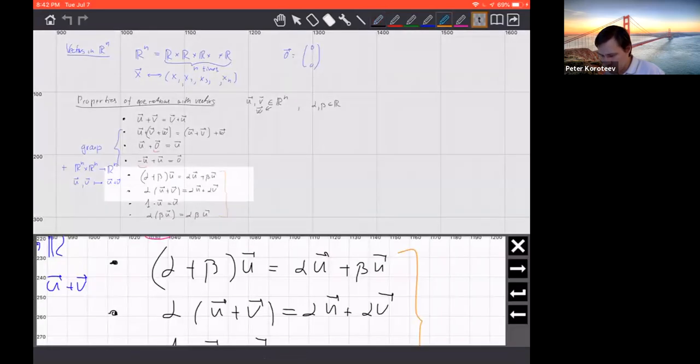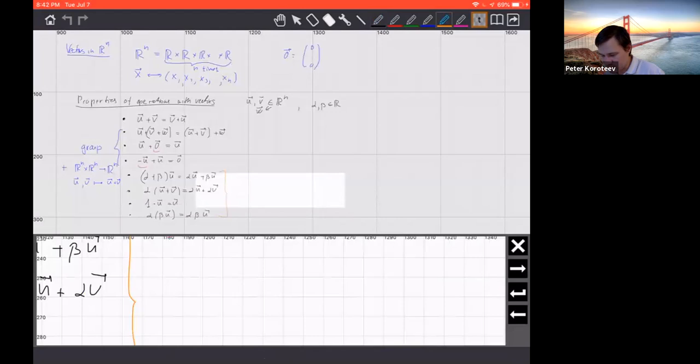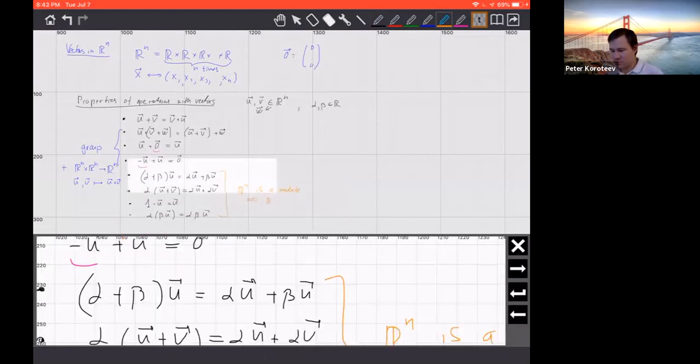It's not part of the curriculum, but I just wanted you to know. These 4 properties show you that Rn as a vector space is a module over R. Meaning that you can take any vector and multiply it by a coefficient, and you can add them together. Okay.